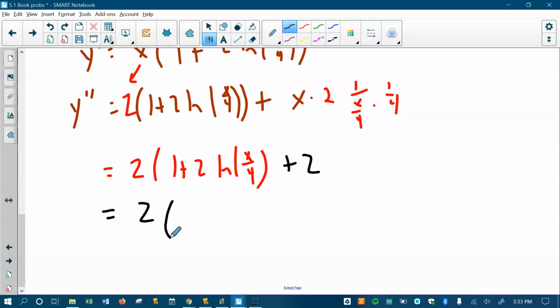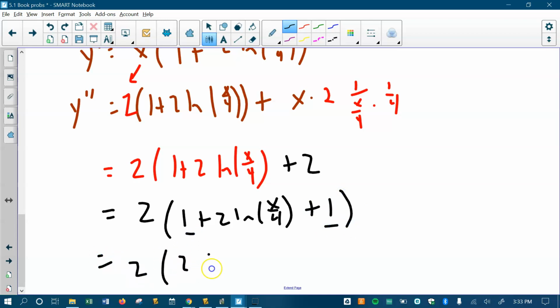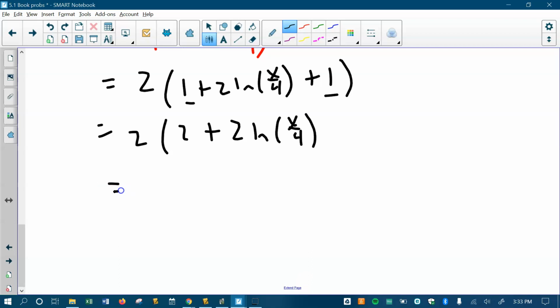So you get 1 plus 2 ln of x over 4, plus that second one. I can combine these two ones to get 2 plus 2 ln of x over 4. Wow, this is just a factoring party. Because now I can factor that again and take another 2 out of each one, right? Multiply those 2's on the outside and get 4 times 1 plus ln of x over 4.